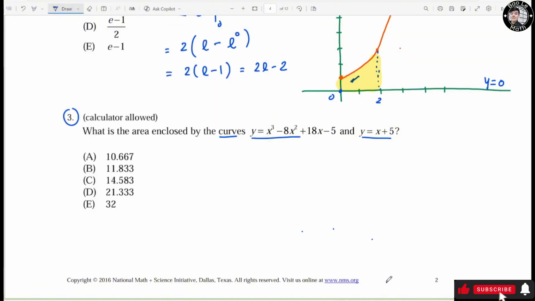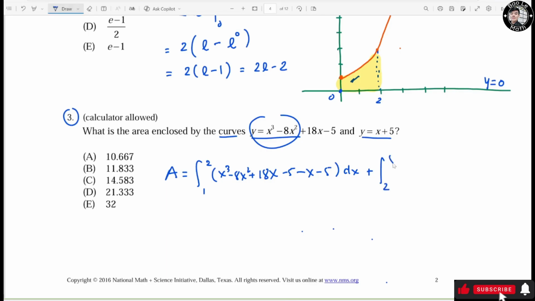So the area is the integral from 1 to 2 of this guy right here, subtract this one, plus the integral from 2 to 5, this guy above this guy, so it would be s plus 5, subtract this guy right here. We need to change the sign, right? So s cubed plus 8s squared minus 18s plus 5 ds.